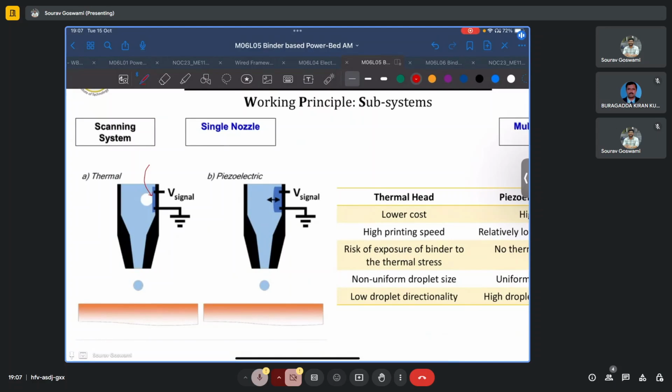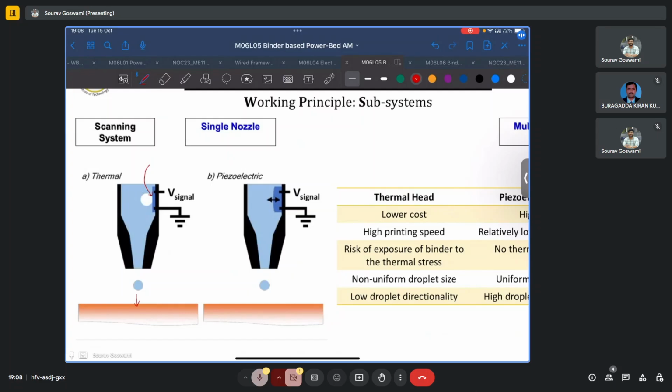The plate is heated, and upon heating of the plate, the ink or binder in its neighborhood gets heated, and it may be possible to heat it to a temperature so that the ink vaporizes. That leads to the creation of this bubble, and this bubble displaces an equivalent volume of ink out of the nozzle, which falls below on the surface. This is a thermal head.